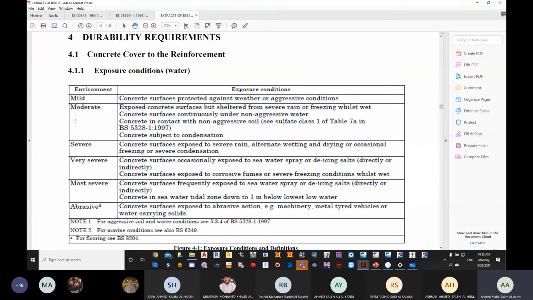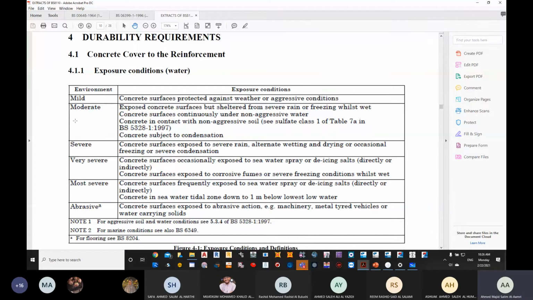Now the question here has given you already the case, but that will not happen in reality. Okay. So when we talk about mild, we are talking about a regular environment, a regular weather. So if we are designing, for example, a building in Muscat, where the weather is regular, then your building can be designed for mild conditions.